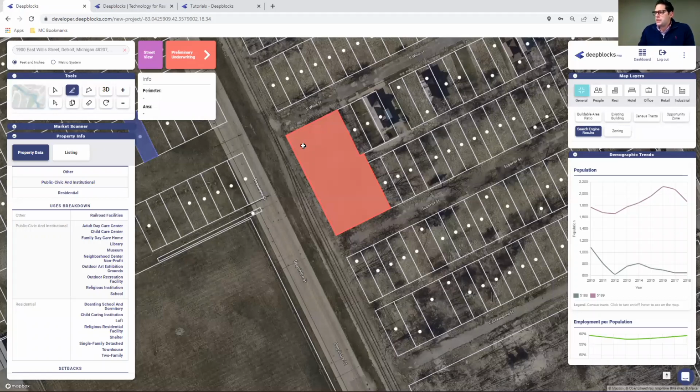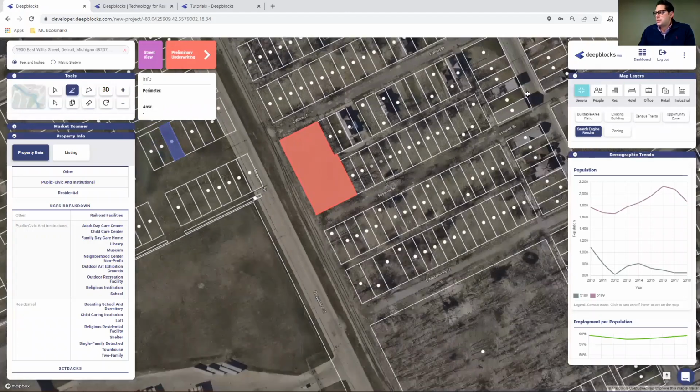And yeah, just to kind of give you a little bit of an example of an assemblage we found back in Tampa, and just kind of show you the final result. I'm going to go back to my dashboard.